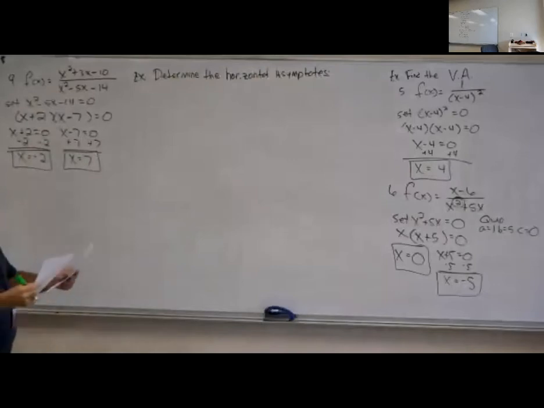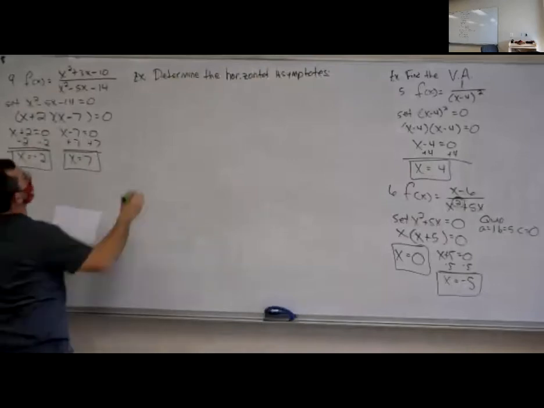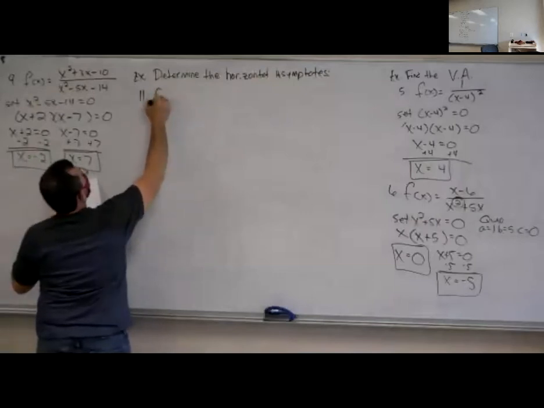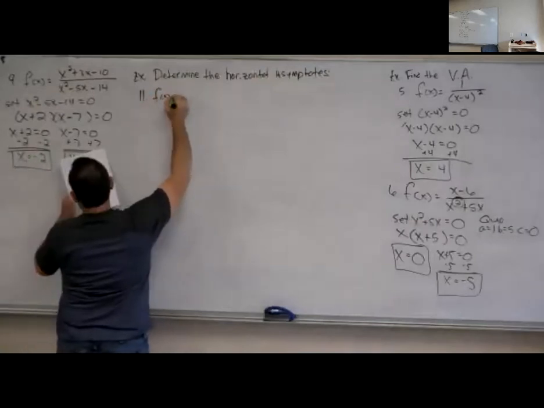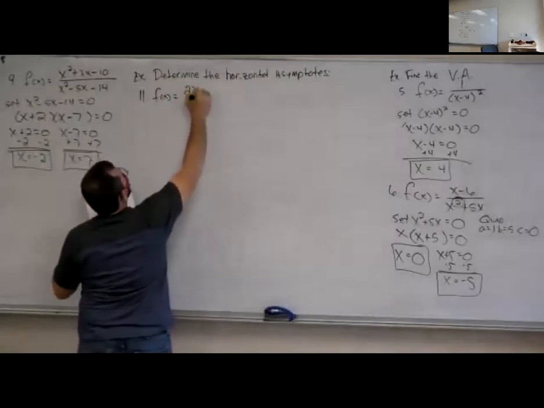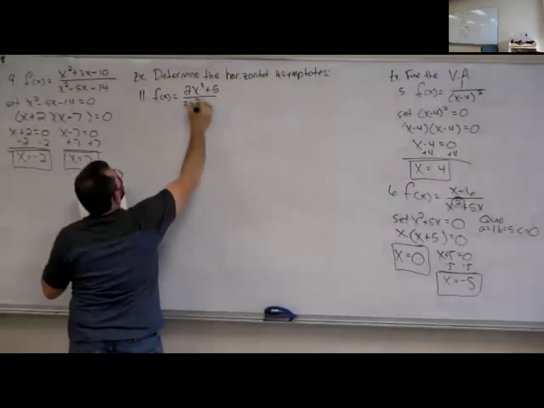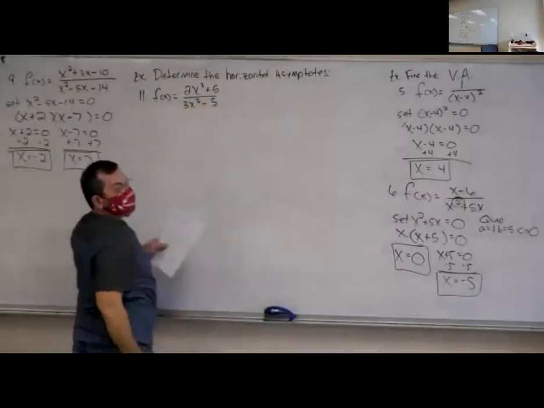So I'll do 11, 12, and 13. So 11, I have f of x equals 2x to the third plus 5 over 3x to the third minus 5.